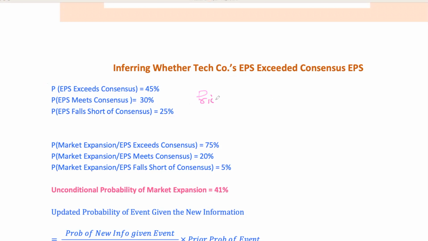Consider the scenario where the tech firm's decision to expand hinges on the EPS announcement. If EPS surpasses consensus estimates, the probability of expansion announcement spikes to 75%. If EPS meets consensus estimates, the likelihood drops to 20%, and if EPS falls short, the probability dwindles to 5%. These are conditional probabilities.